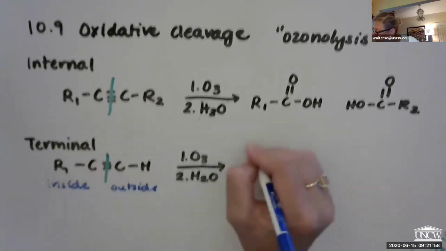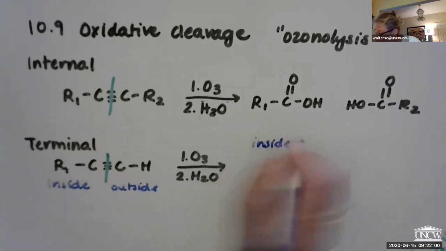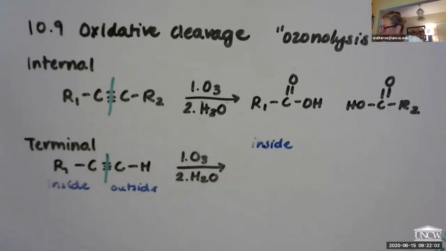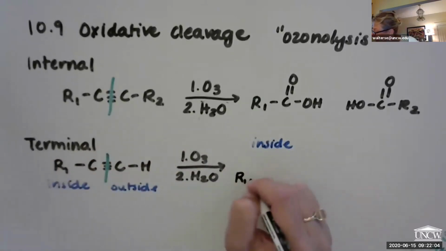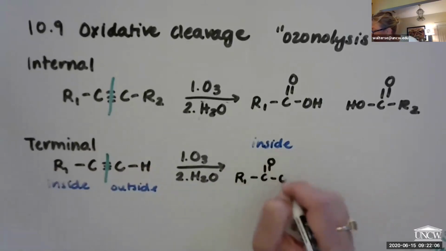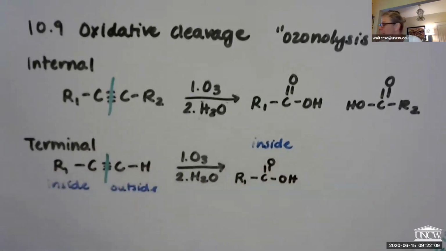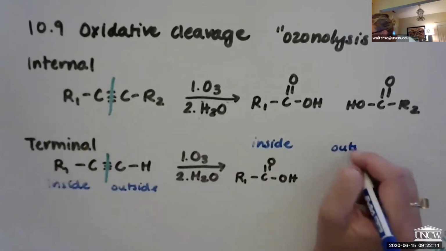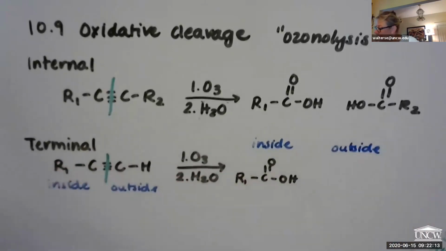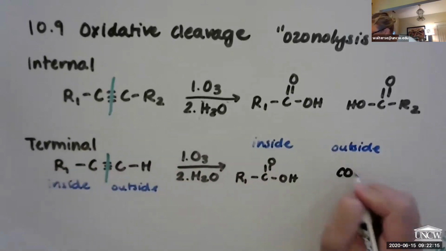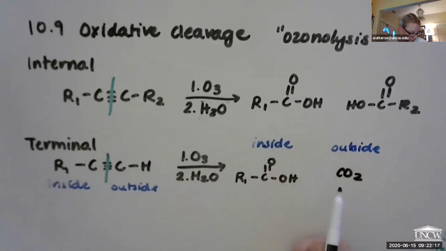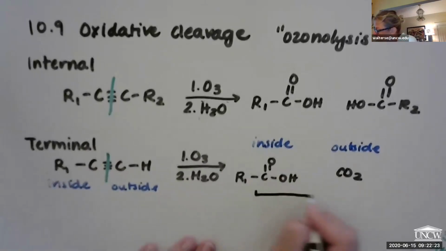So the inside piece becomes a carboxylic acid. The outside piece is released as carbon dioxide. Okay, so this would be a gas, but both of these are considered a product.